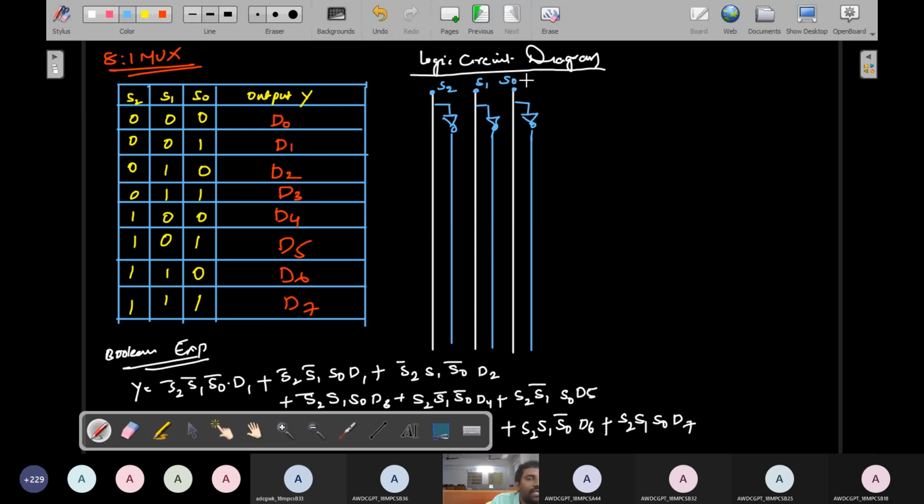If S1 is 1 and S0 is 1, the white line represents S0 equal to 1, and the other S0 equal to 0. This is the NOT gate, meaning complementary. If you give input 1, it will convert to 0. So this represents the 0 line and this represents the 1 line. This is 0, this is 1, this is 0, this is 1.